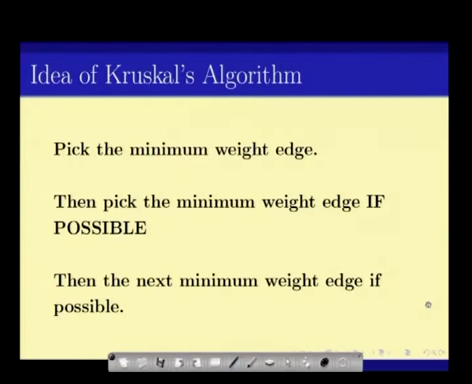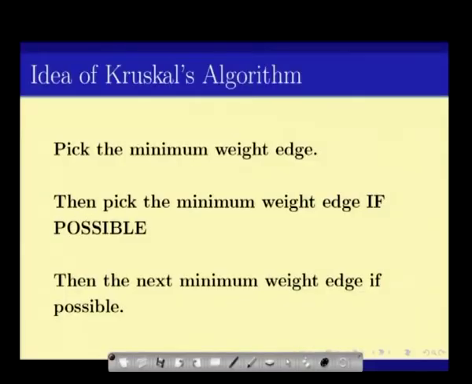Welcome back after the break. Before the break, we were looking at how to find a minimum cost spanning tree, and we said that we will solve it using a greedy algorithm. So, here is the idea of the greedy algorithm. First pick the minimum weight edge, then pick the next minimum weight edge if possible. What do we mean by if possible? Notice that we do not want to get a cycle. If we get a cycle, then we will not get a tree.